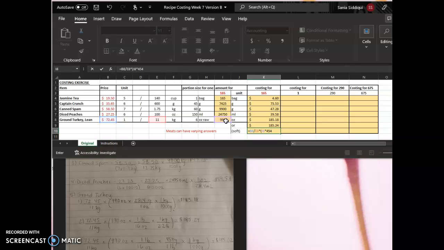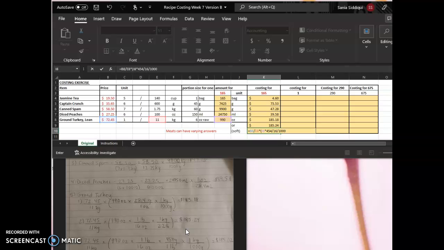We're going in a straight line as always. Always multiply everything first and then divide everything at the end. So once we multiplied it by 454, we're going to divide it by 16, as you can see down here, and divide it once again by 1,000.